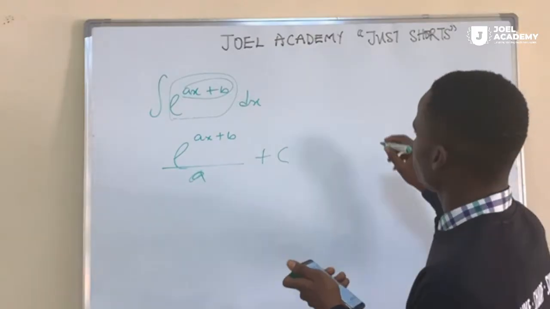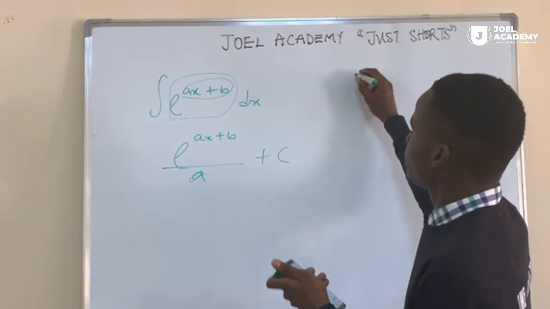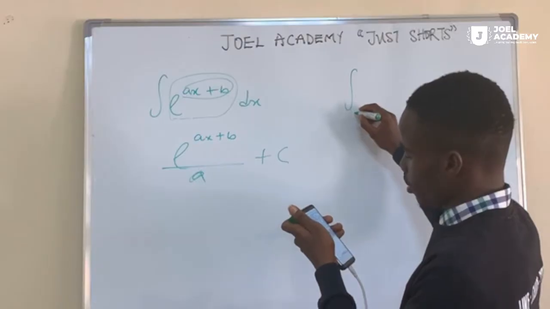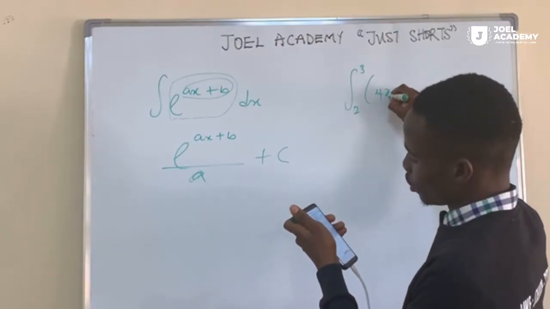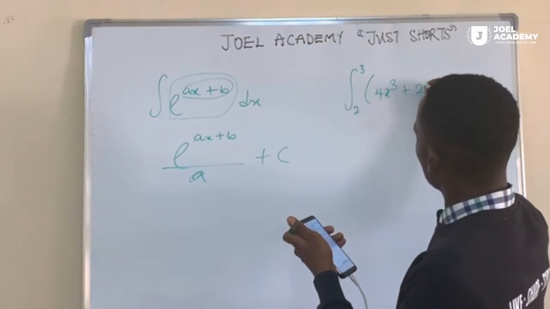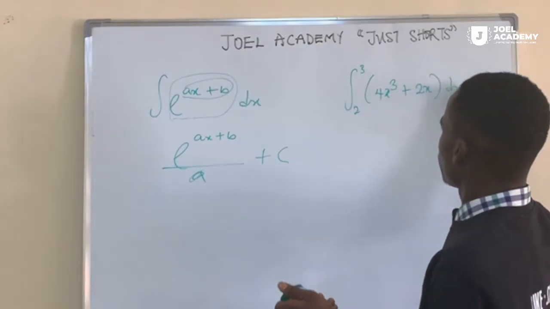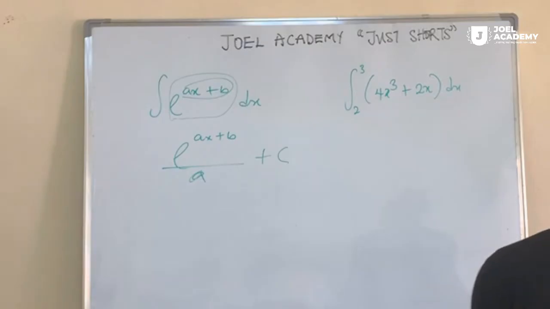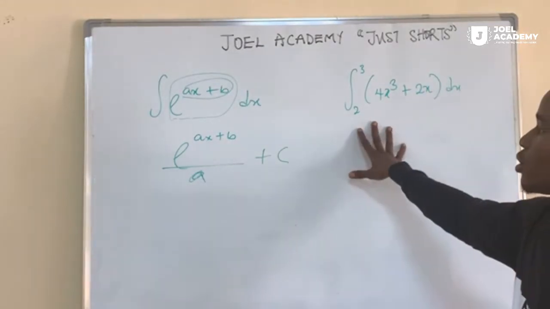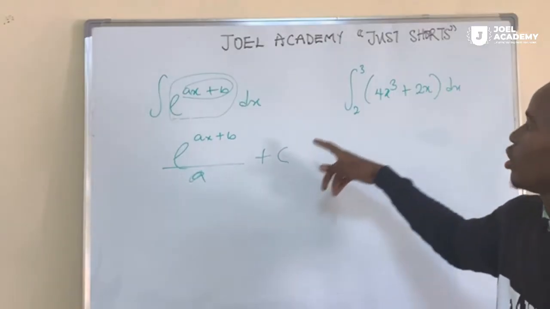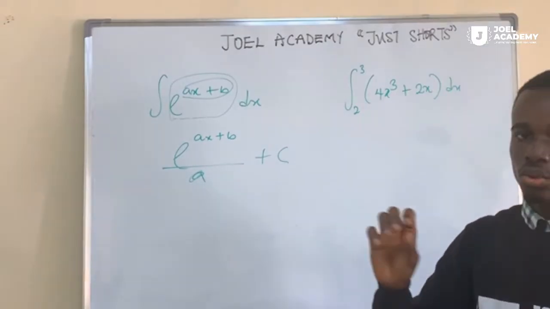Now we have a definite integral, from 2 to 3 of 4x cubed plus 2x. Now, this is a very cheap question. For definite integrals, it's not really a shortcut, but I just feel let's do this. For definite integrals, the reason why you don't have plus c is because you have lower and upper limits. So it is definite.